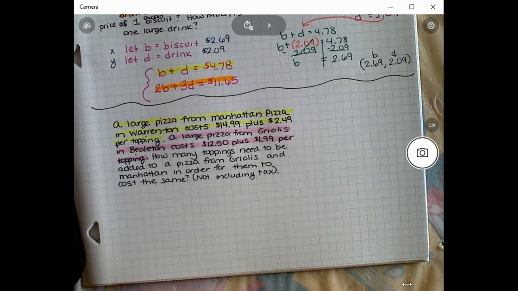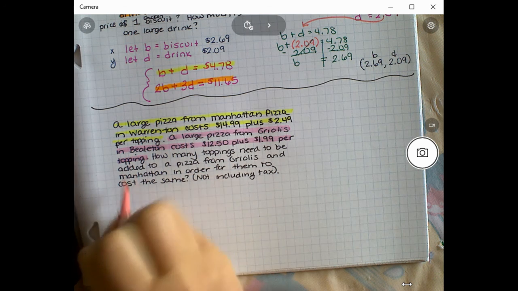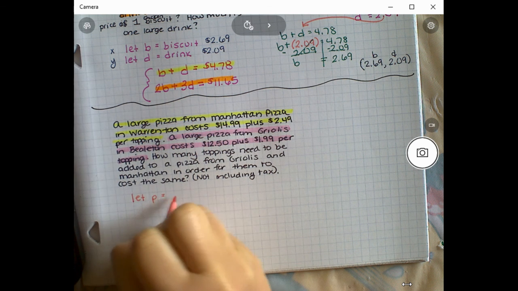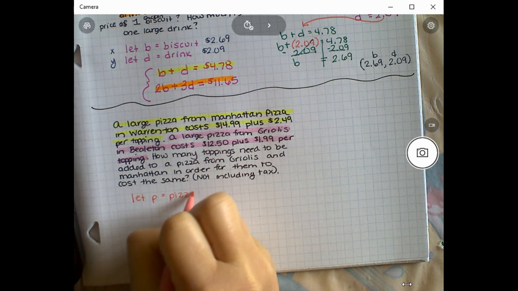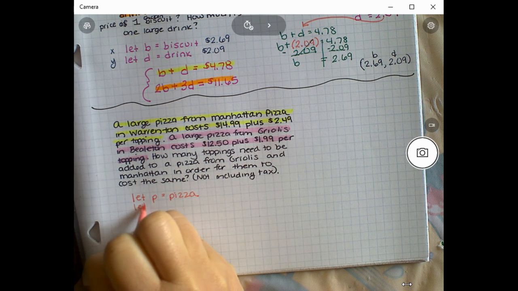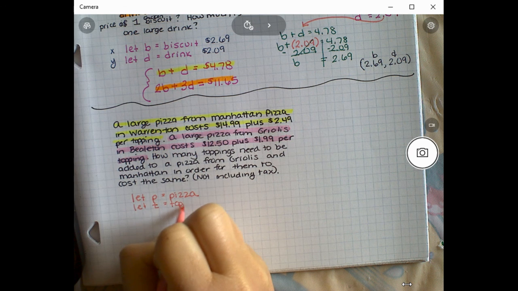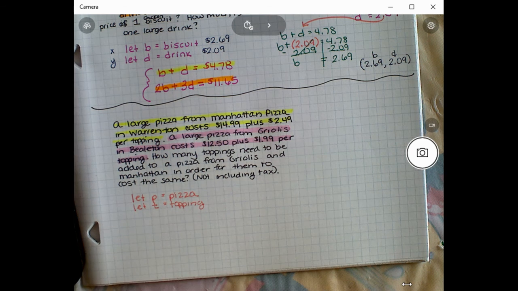So step one, we need to write equations for each of these sentences. But first we need to assign variables. So I'm going to say let P equal pizza and let T equal topping. All right, so let's write our equations.